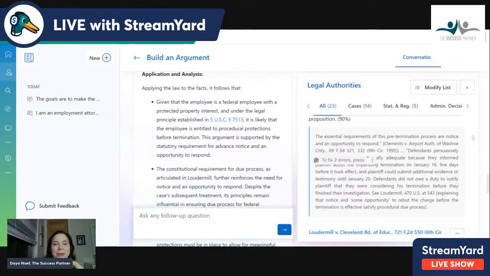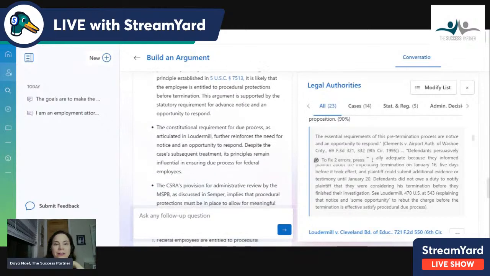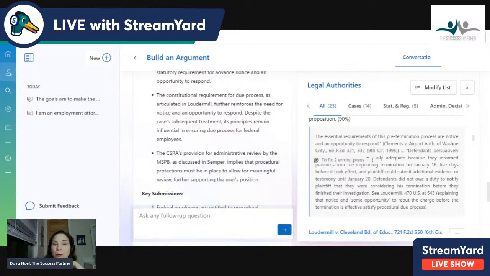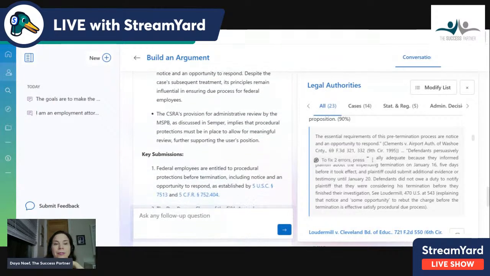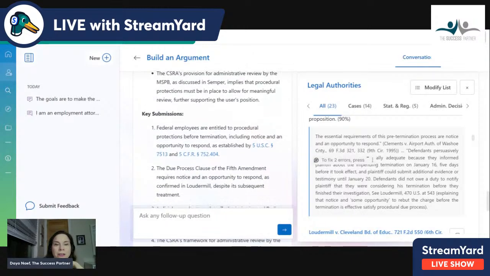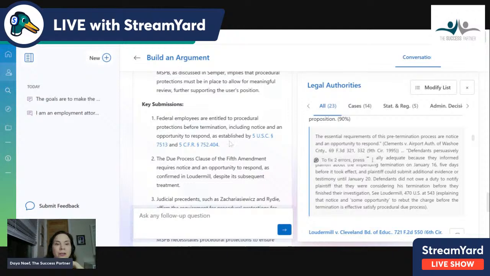So it is a protected property interest. There's a constitutional requirement for due process, the Loudermill case, the CSRA's provision for administrative review by the MSPB, procedural protections, and here are the key submissions.